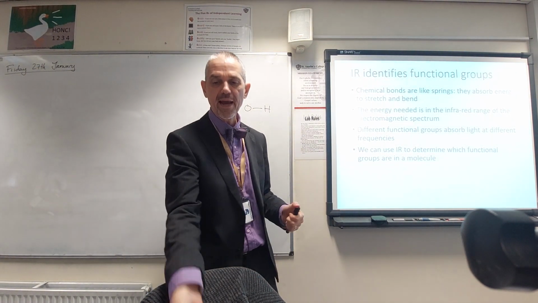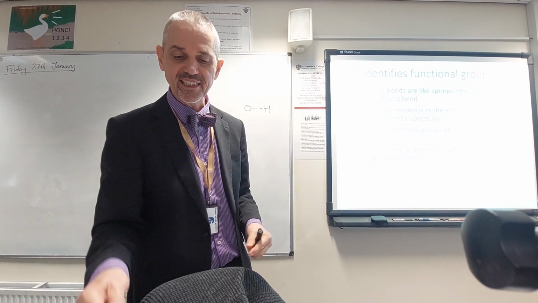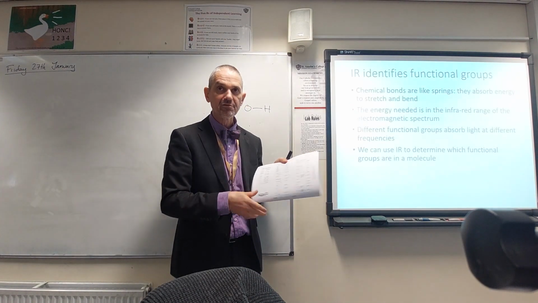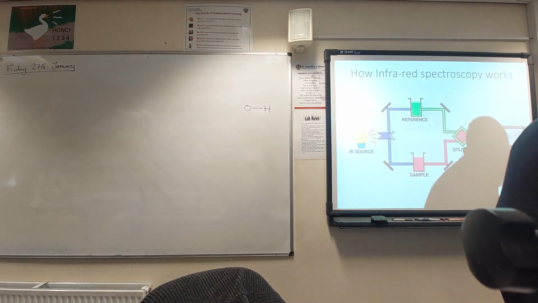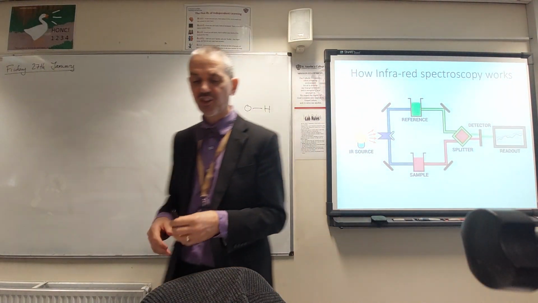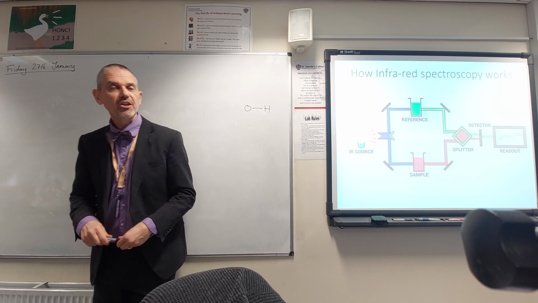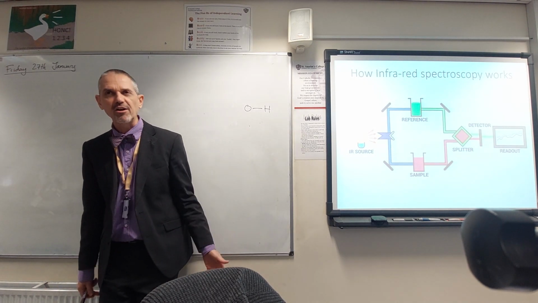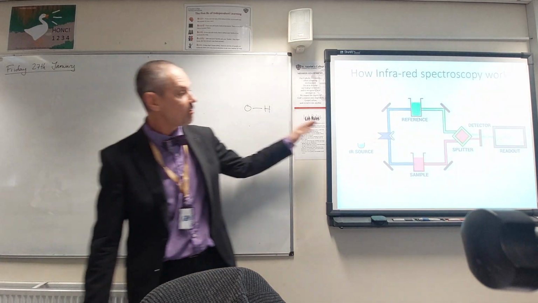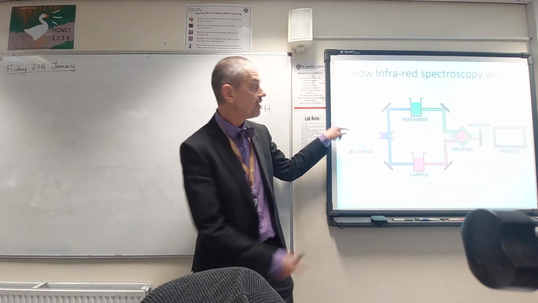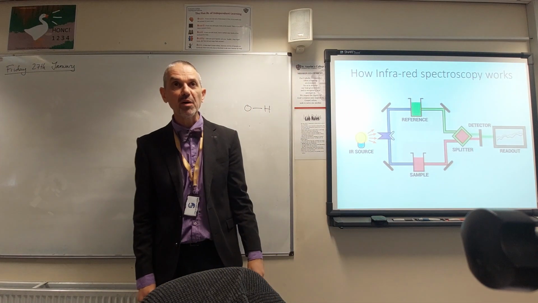If you flick to the back of booklet 20, there's a bunch of frequencies on there. That's the table which might be familiar from last year. So just a very quick overview, and again, no one's going to ask you this in the exam, of how it works. So we start off with an infrared light source. We split it into two parts.